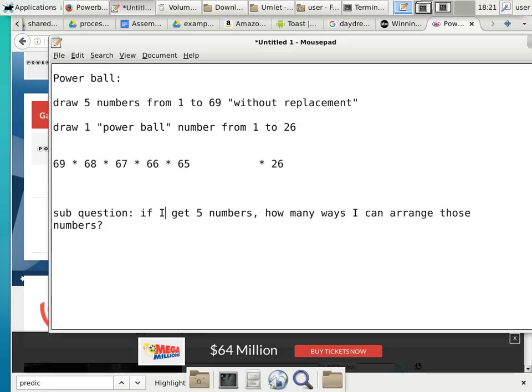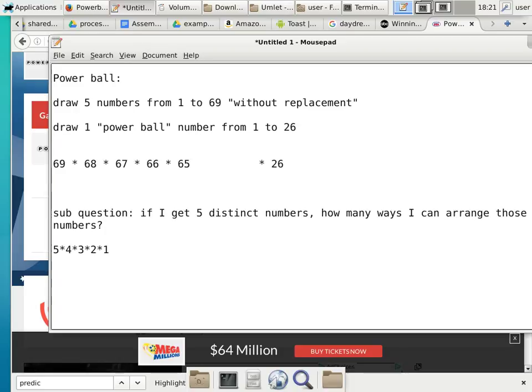Okay, so let me just add it here. 5 distinct numbers. So out of the 5 distinct numbers, I have 5 times 4 times 3 times 2 times 1 ways of arranging those. In other words, if I start with, let's not deal with numbers, A, B, C, D, E, and I want to see how many ways I can rearrange the letters where the ordering is important, then the possibilities are 5 times 4 times 3 times 2 times 1. Right? It's 5 factorial.